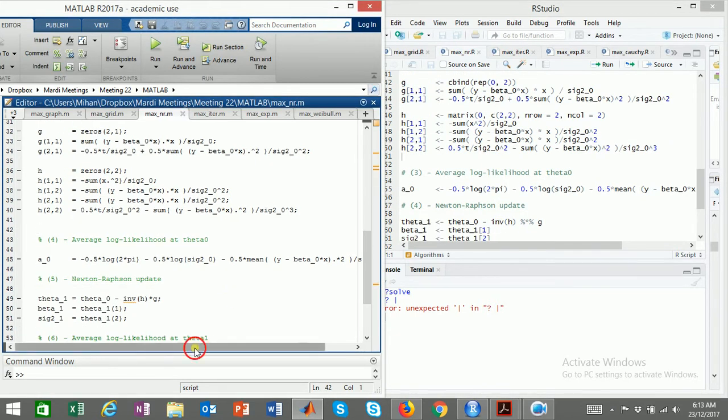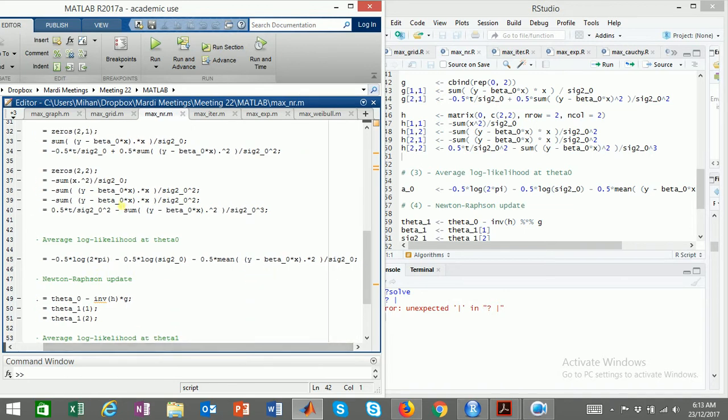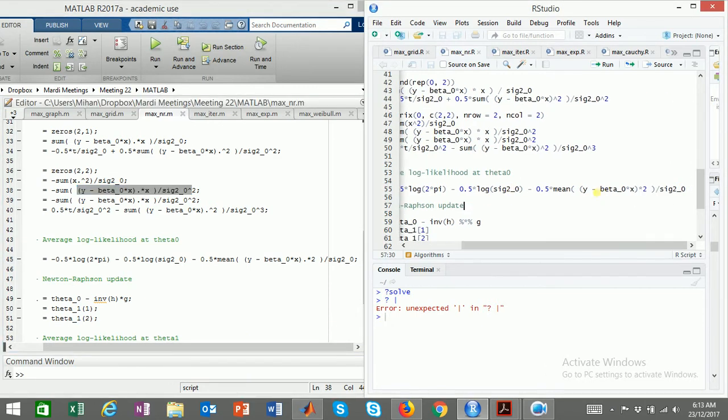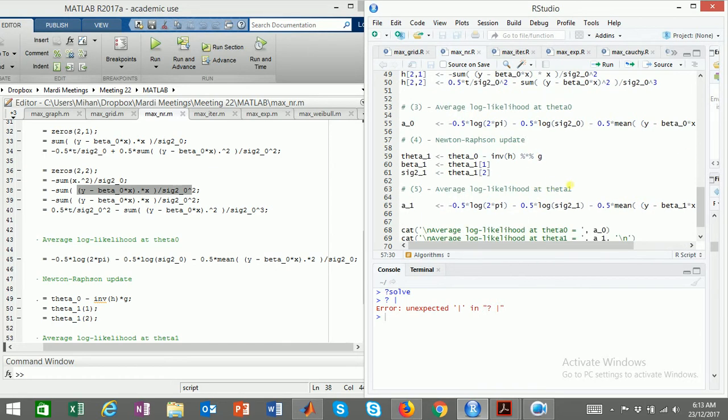Then average log likelihood at theta naught is simply log of twice pi and log of sigma square, then mean of this equation, that's all. Instead of sum, we are doing mean of this equation and mean of this equation, you see. So this is average log likelihood at theta naught.